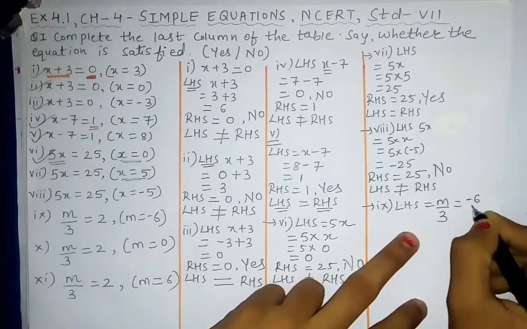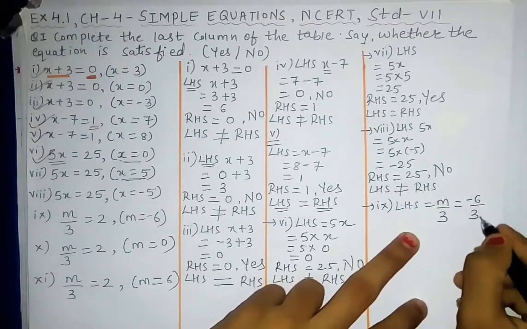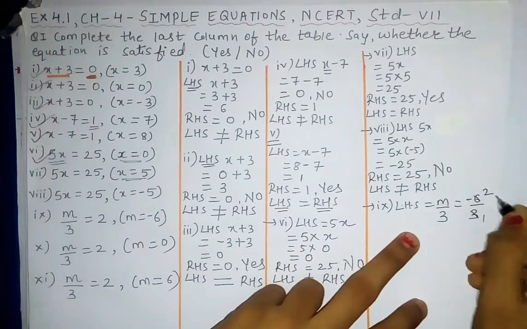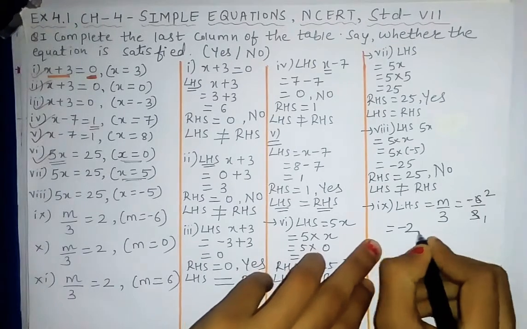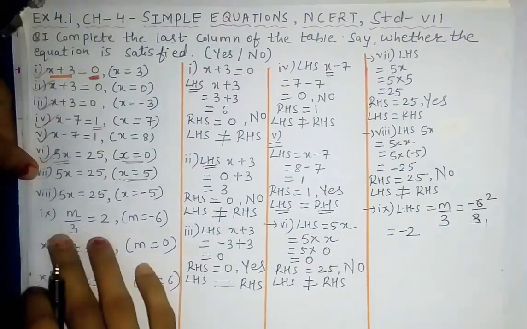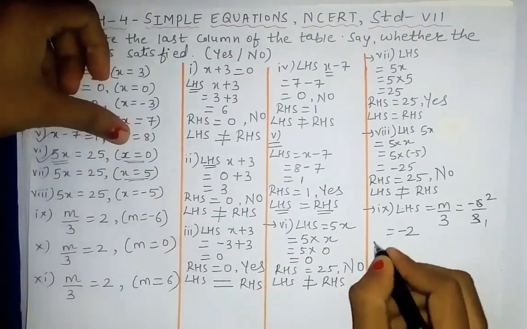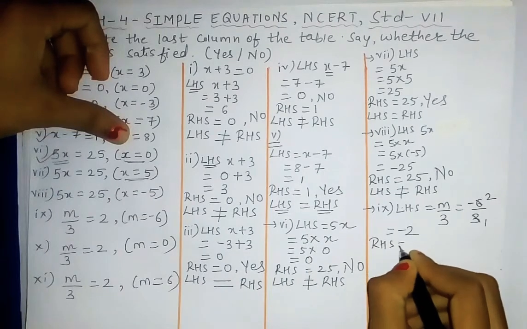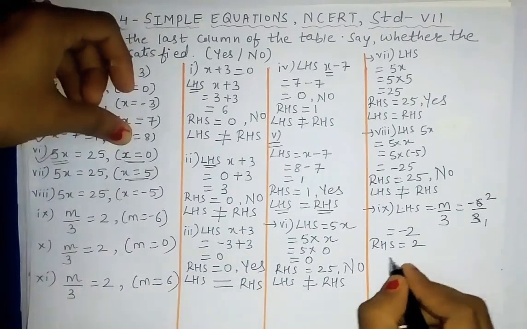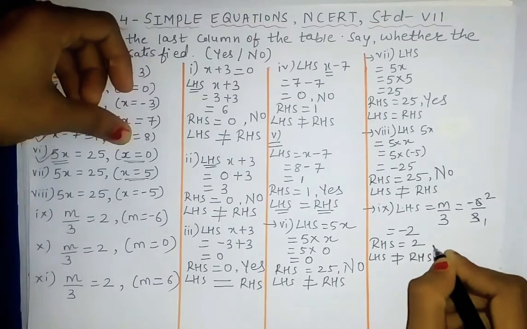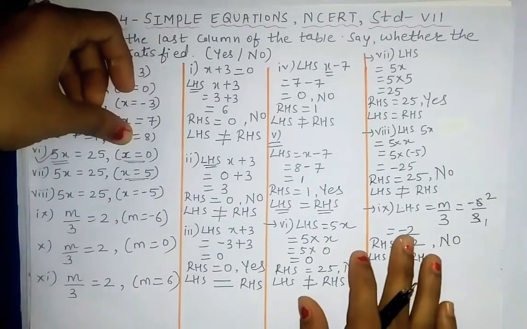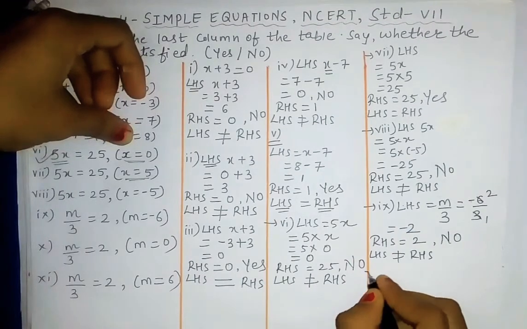So we will put minus 6 upon 3. Now cancellation is possible. So 3 ones are and 3 twos are. So minus 2 upon 1 means we are getting minus 2. Ninth one. And our RHS is given 2. Okay. RHS is given 2. So again LHS is not equal to RHS. So again no, this is not the correct value. So this was ninth one.